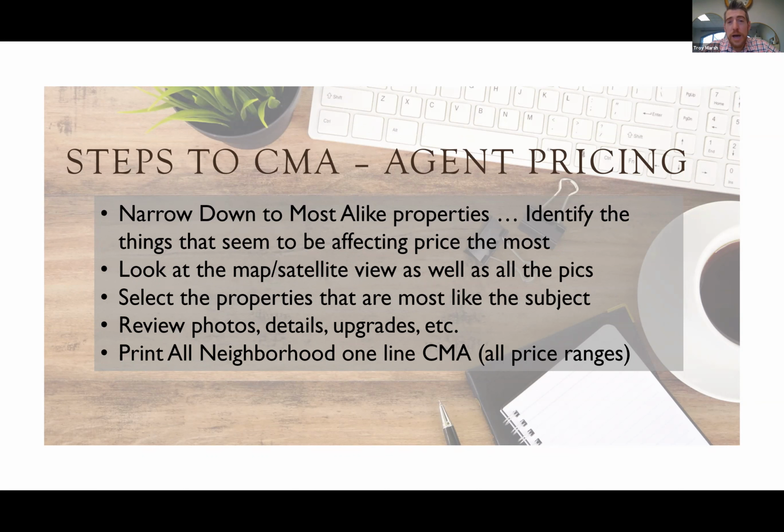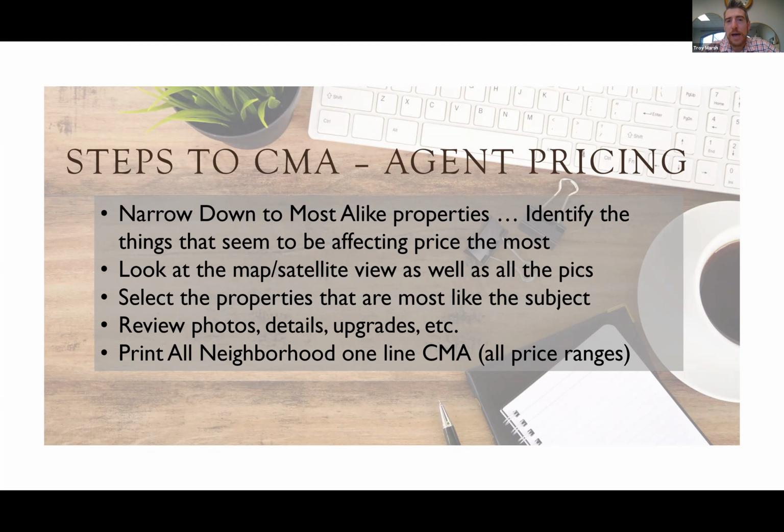The reason I do that is because one time I was going to do a market analysis on a ranch, and the client said, hey, a 2-story just sold 2 months ago right next door. Because it wasn't a ranch, I didn't have it on my information. So I always like to be prepared to talk at least generally about any property that's sold over the last 12 months, just in case they ask about it.